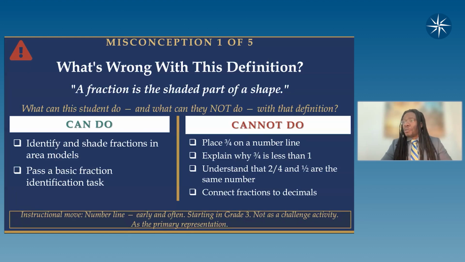So, great instructional move. Once you have gotten them comfortable with fractions in the shades, introduce the number line. Take those shaded parts and show them how it fits on a number line. You could start with a number line with 0 to 1. Always start with 0.